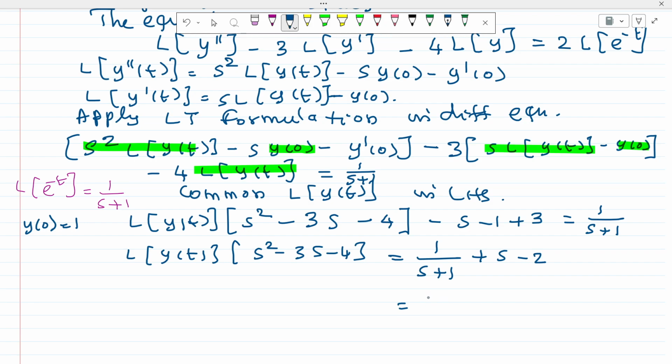Minus s is okay, minus 3 is okay, minus 1 plus 3 is plus 2, go to that side, it is minus 2. So here also 2.